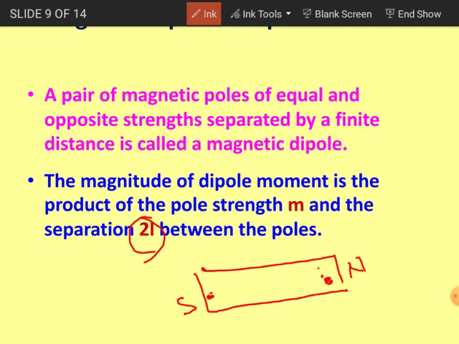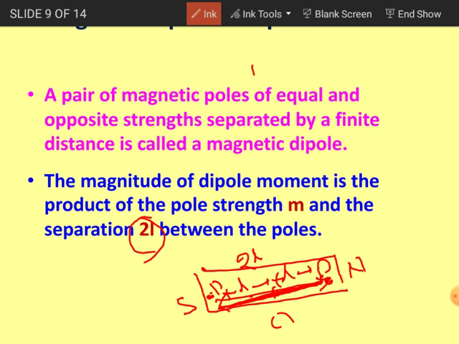If there is a pole here and another pole here, then the distance between them we may take as L or 2L. From the center of the bar magnet, if you take this side as L and the other side as L, then the total magnetic length will be L plus L, which means 2L.